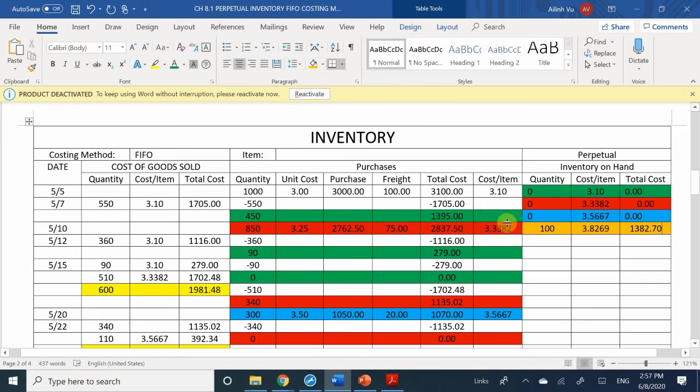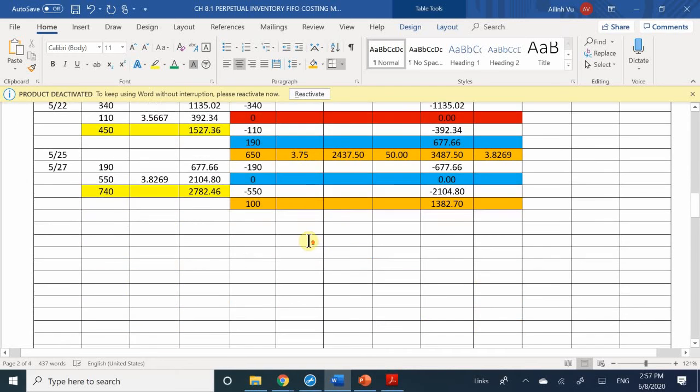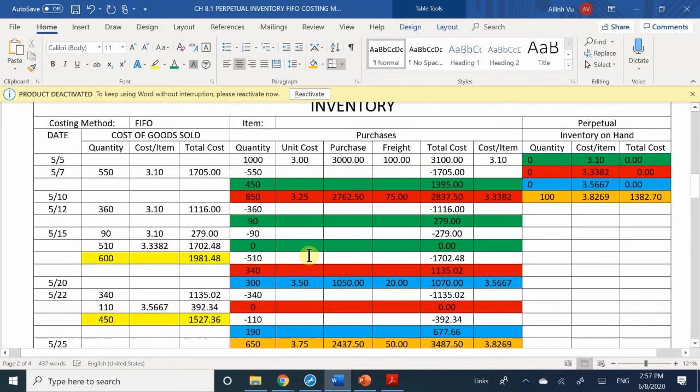Then it could be blue, red, green, and then it could be orange and then green. So instead of going from top to bottom, so you see how the order is green, red, blue, and orange, it's going to be opposite now. But because it's by day basis, when we move on to chapter 8.2, you'll see the difference when we completely go through it.